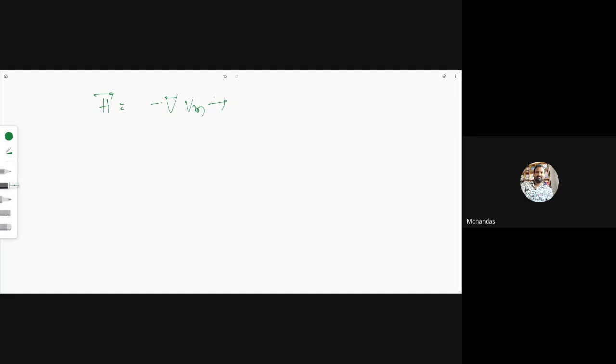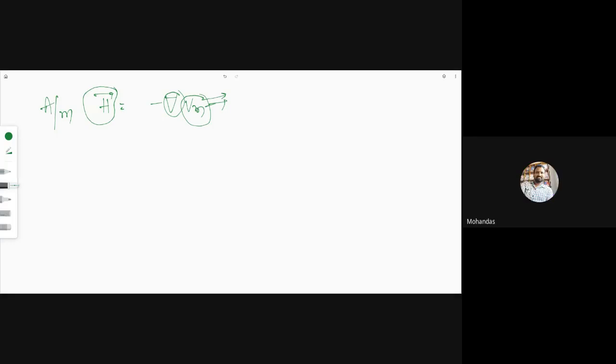Now I am going to write the units for this Vm, because in EMF the units are very important, and those units can be known from this equation only. What are the units for H? Ampere per meter. And what are the units for del? 1 by meter.